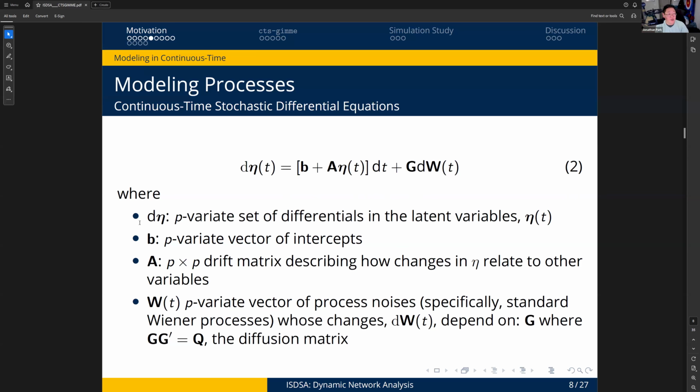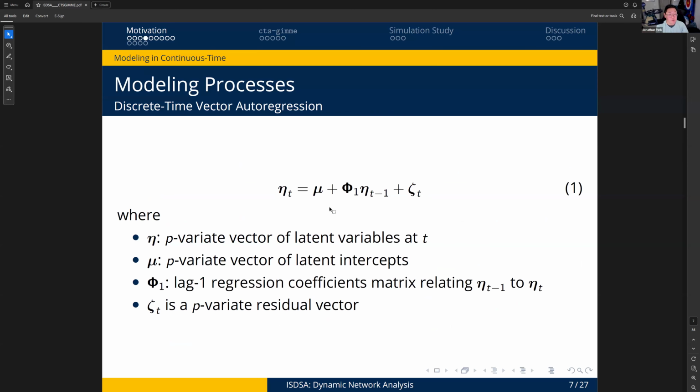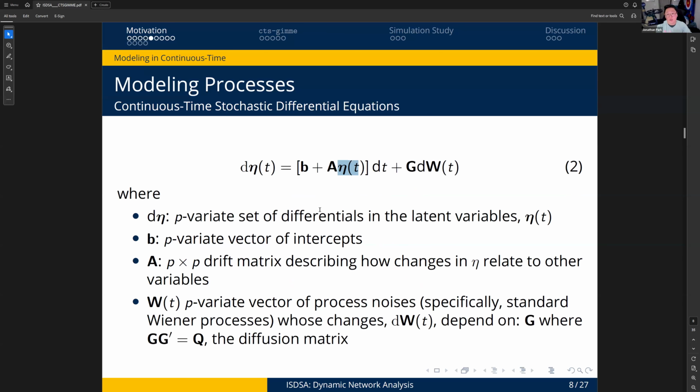So we have the change in our latent states, the change in our etas at a given moment, and then our regression coefficients matrix and our eta, the levels of our scores at a given moment. And so rather than having a discrete step in time, we have this continuous association between the variables. And then we also have our process noises and our innovations.